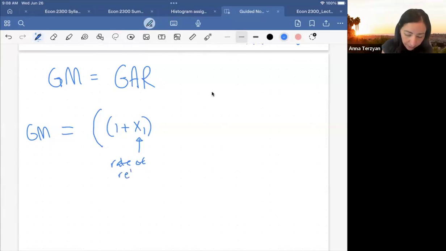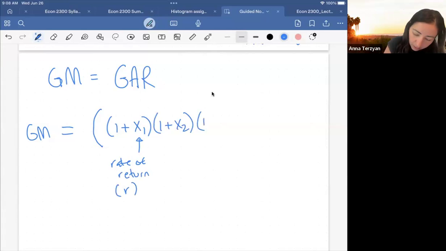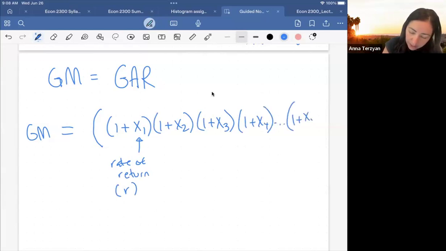So this could be a rate of return and could also be R instead of X. So 1 plus x1 times 1 plus x2, 1 plus x3, 1 plus x4, 1 plus xn. Okay, so there are n periods.